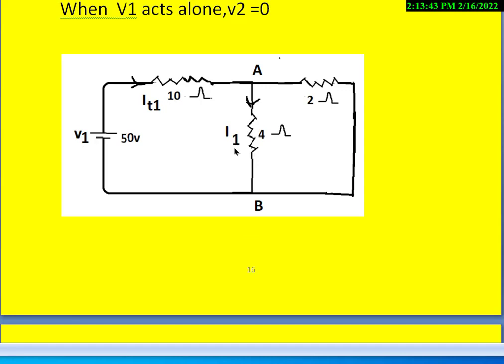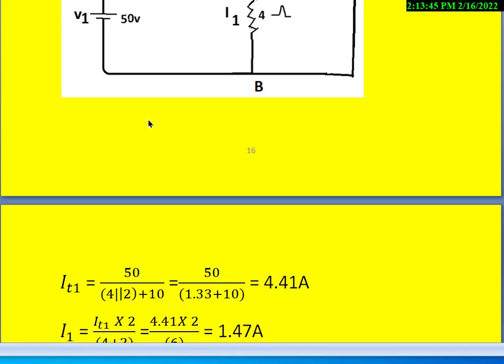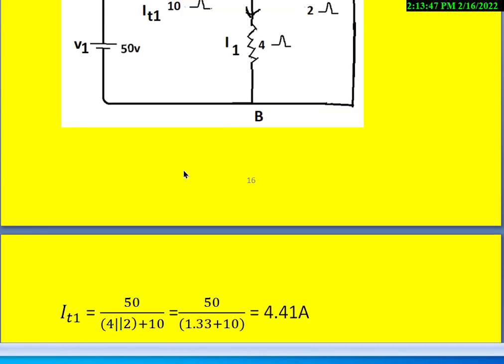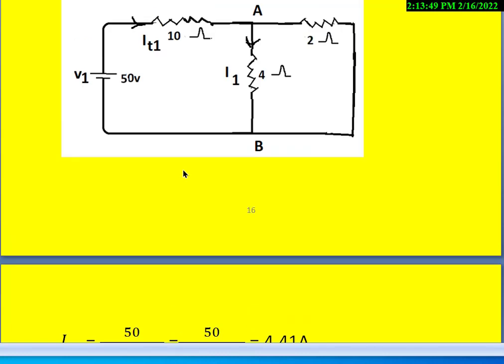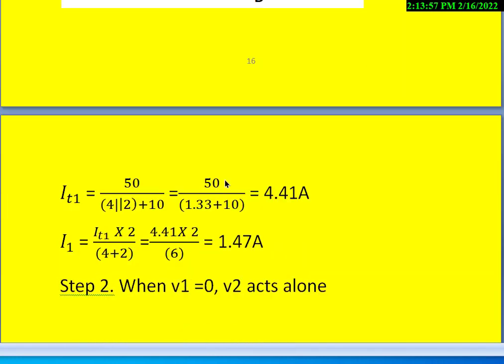To get this I1, find IT1 using the normal rules. IT1 is nothing but 50 divided by 4 in parallel with 2, plus 10.